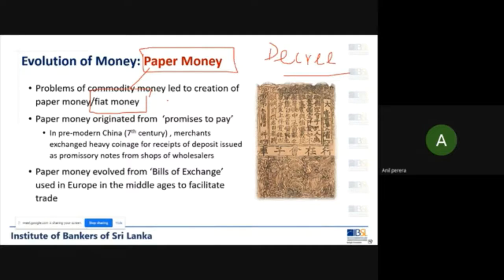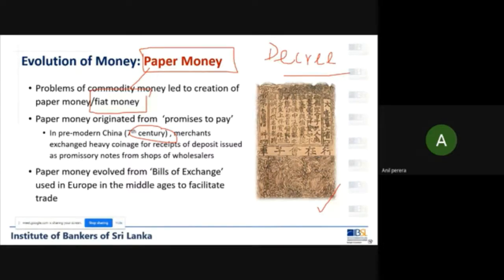So this concept was originally used in pre-modern China, around the 7th century. I have taken this from the internet. This is considered as the first paper money in the world, issued in China, used by Chinese merchants.